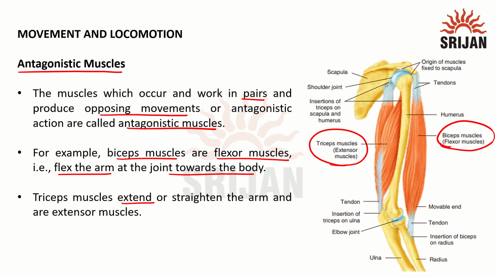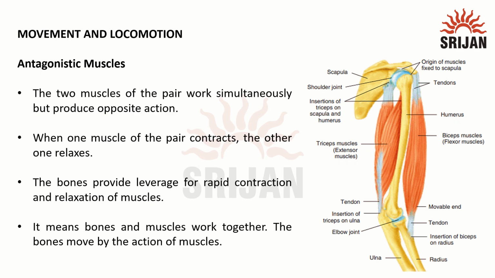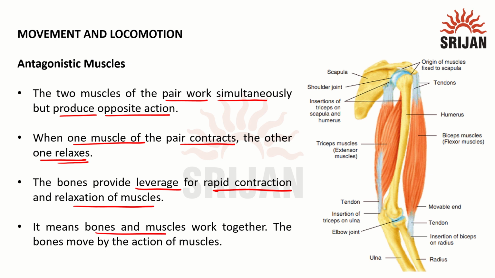Triceps muscles extend or straighten the arm and hence they are extensor muscles. The two muscles of the pair work simultaneously but they produce opposite actions. When one contracts, that is, if the biceps muscle contracts, the triceps muscle has to relax. And the bones provide leverage for rapid contraction and relaxation of the muscles. It means bones and muscles work together to bring about movement and locomotion.